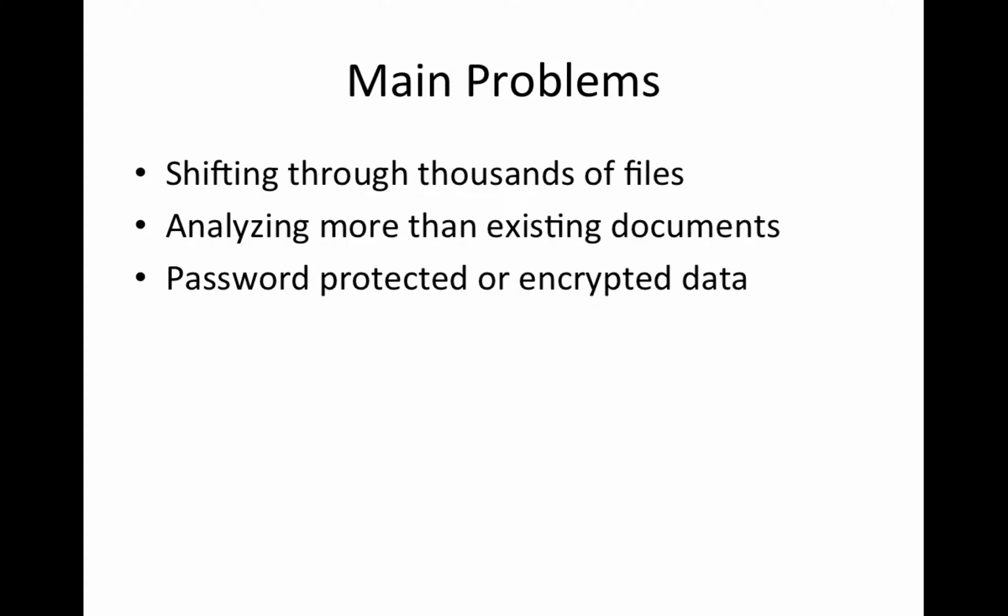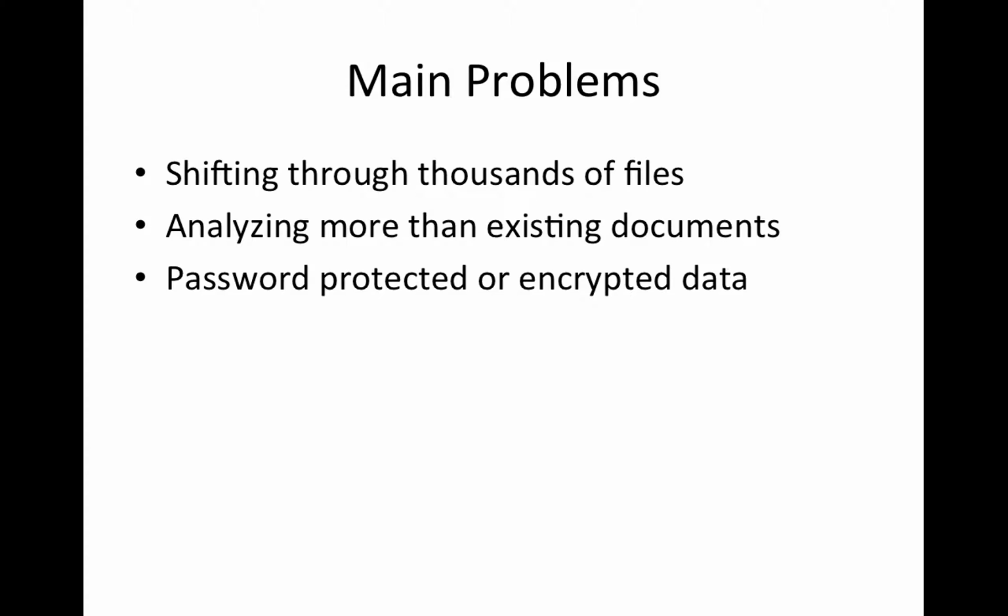In computer forensics there are so many problems, but here I am explaining only three. The first is shifting through thousands of files. It means investigators have to search too many files to find the digital evidence. Suppose in my computer there are too many files.